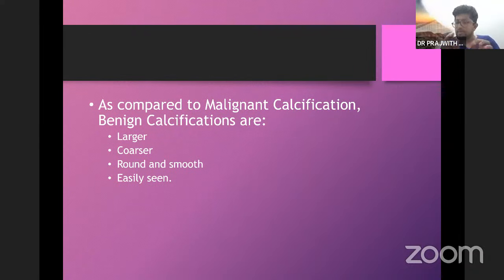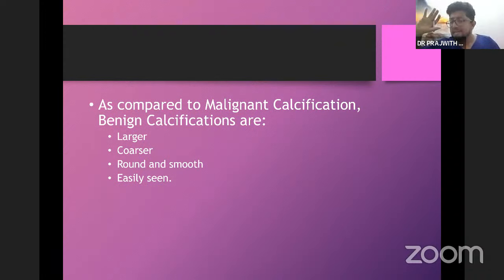When they are in between these two, very tiny but slightly bigger with hazy margins, it's considered amorphous, and a coarse calcification is slightly larger than amorphous, seen very obviously, and slightly denser than amorphous.